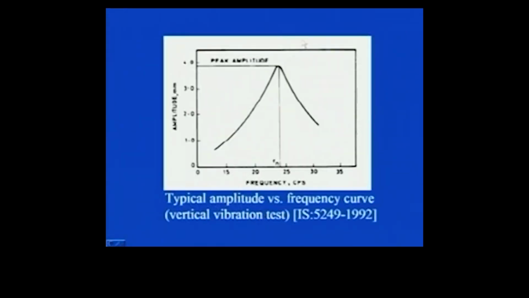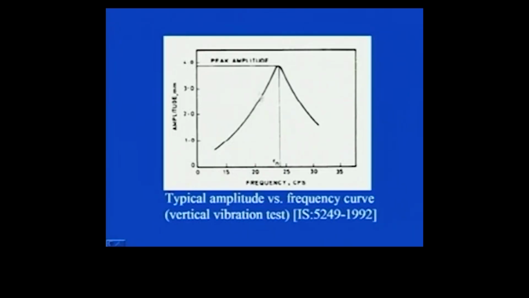Now you see here that you have plotted an amplitude versus frequency curve. This is for one typical eccentricity value, so here I am writing typical amplitude versus frequency curve. For one particular eccentricity value, you can get this amplitude for corresponding different frequencies. So what will happen when the frequency is less?